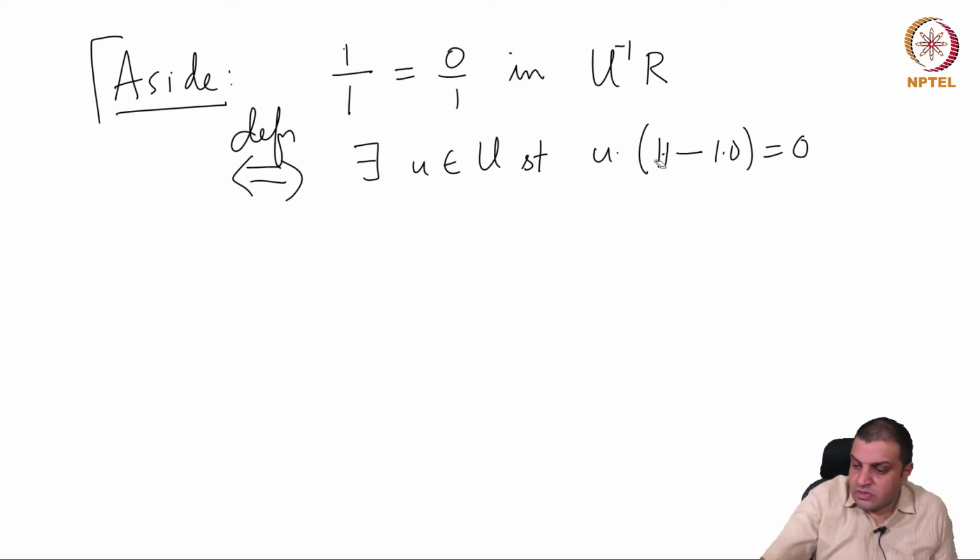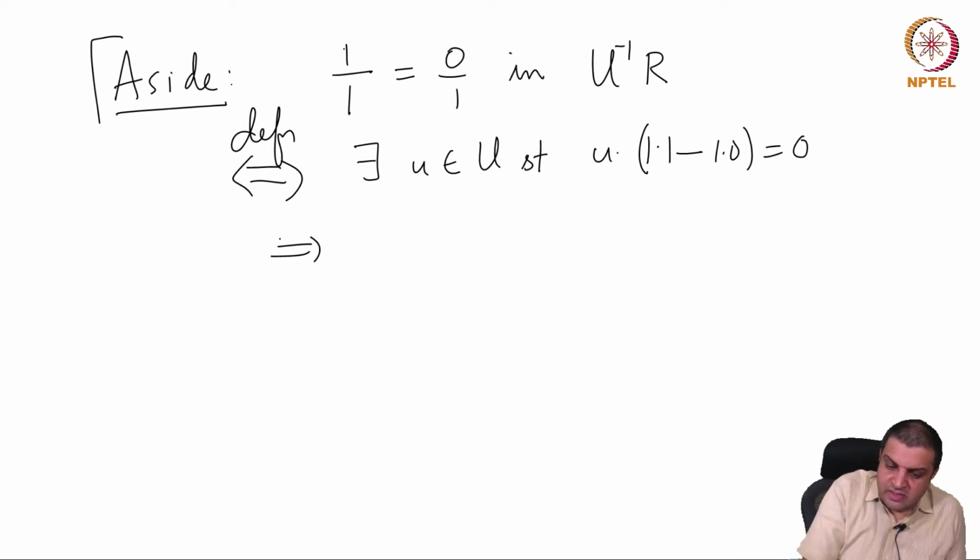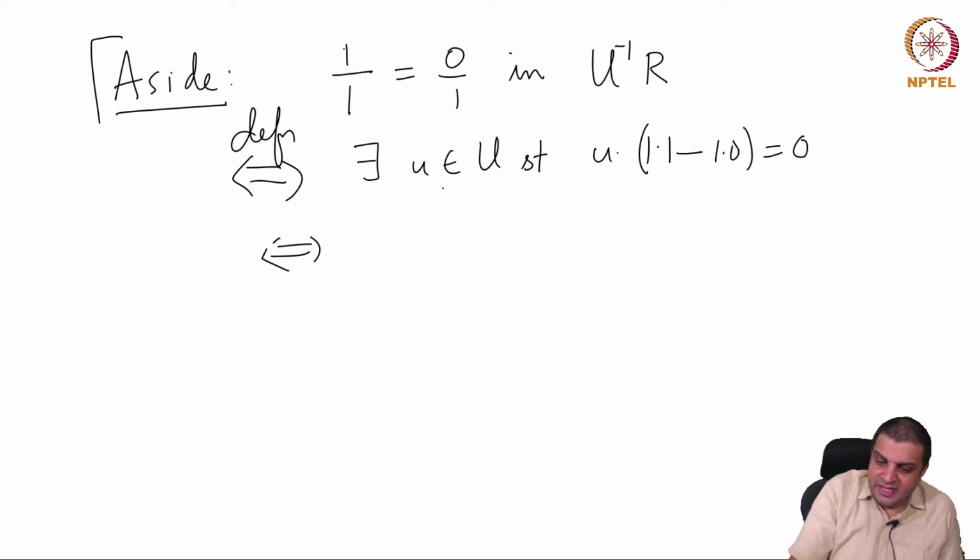This is the same thing as saying there exists a u such that u times 1 is 0. So in other words, 0 is inside U.